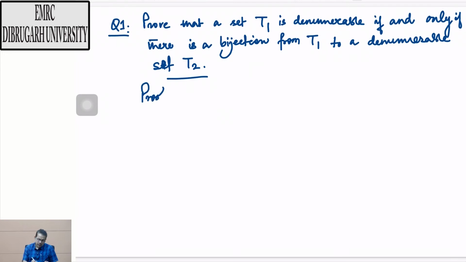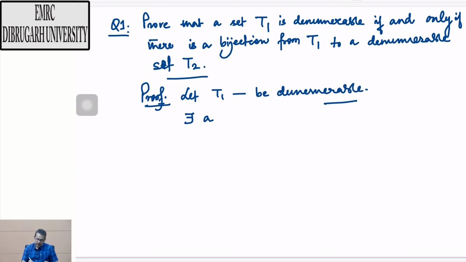How can this be proved? Let T1 be denumerable, so there exists a bijection, say f from N to T1.